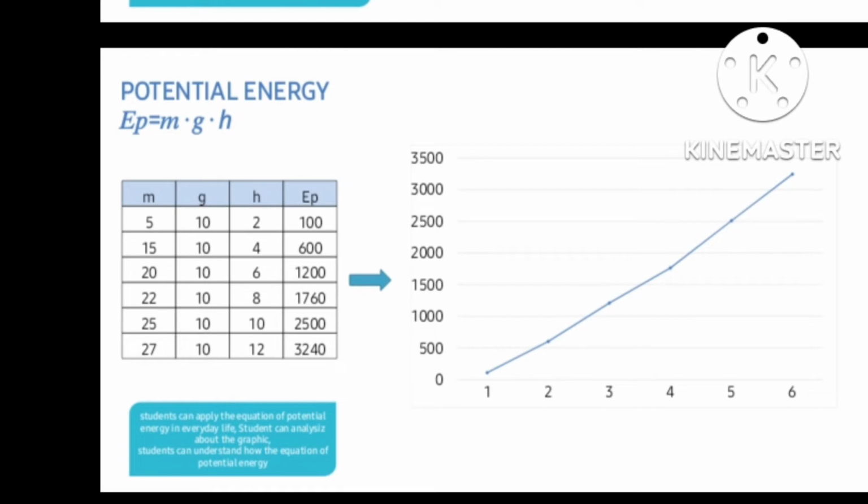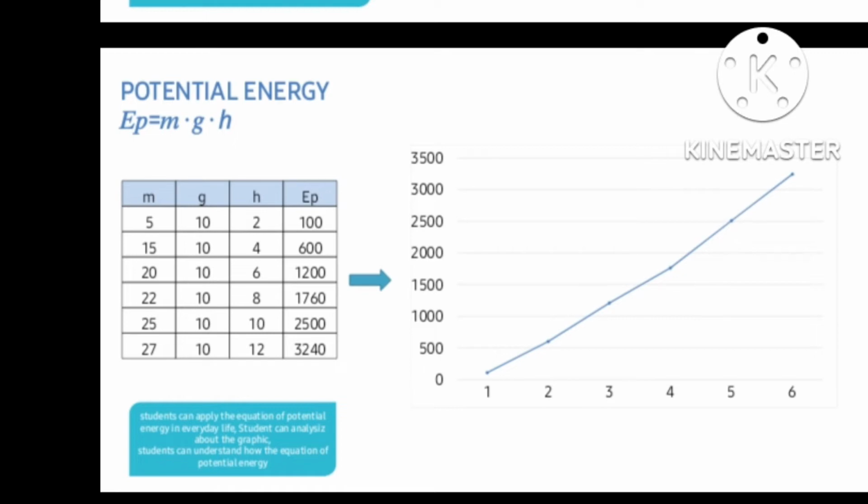Then the value of potential energy is 107,060. For the fifth value, the mass is 25, the gravity is 10, and the height is 10. Then the value of potential energy is 2,500.